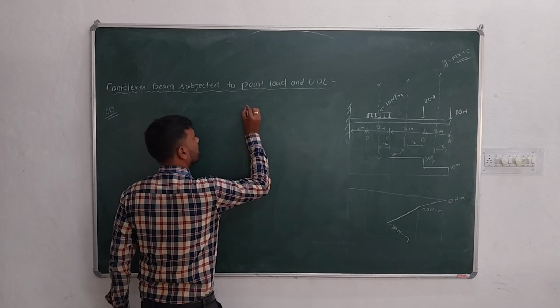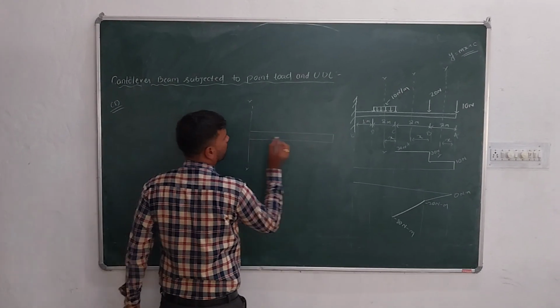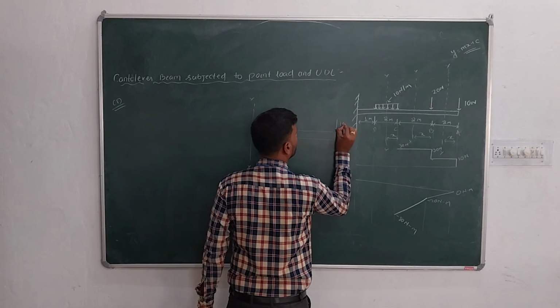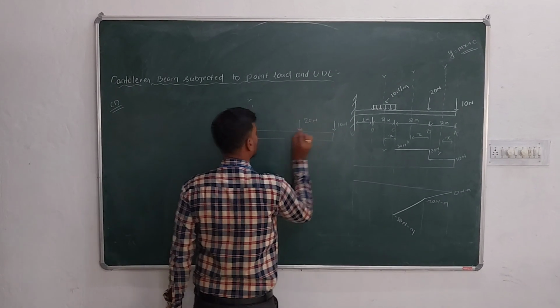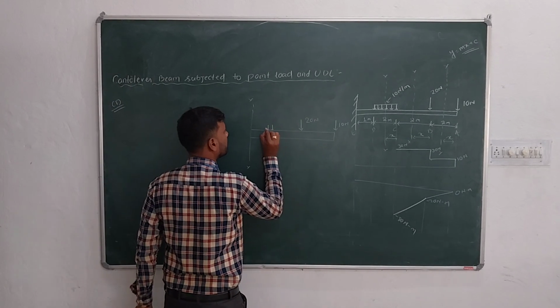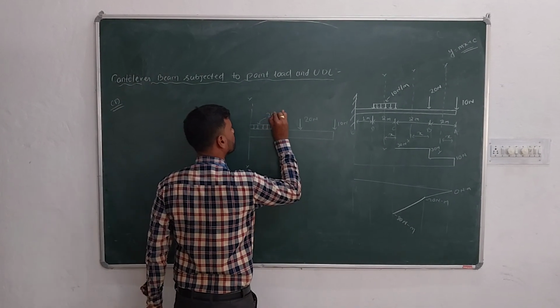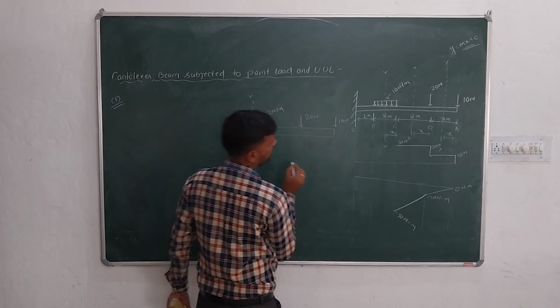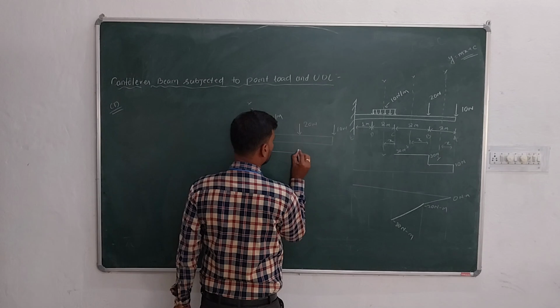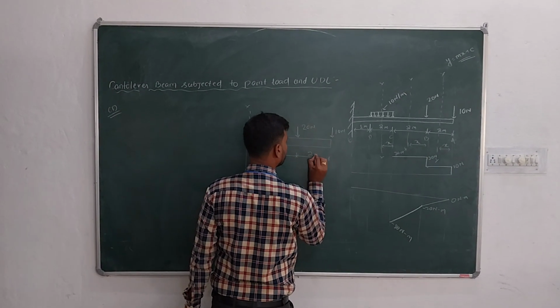This is x-axis, 10 Newton, 20 Newton, and this is the UDL, 2 Newton per meter. This distance is x, and this distance is 2 meter.